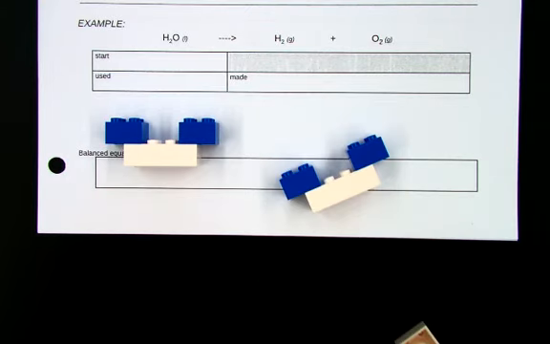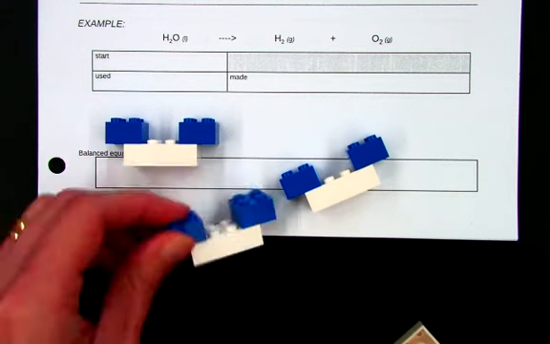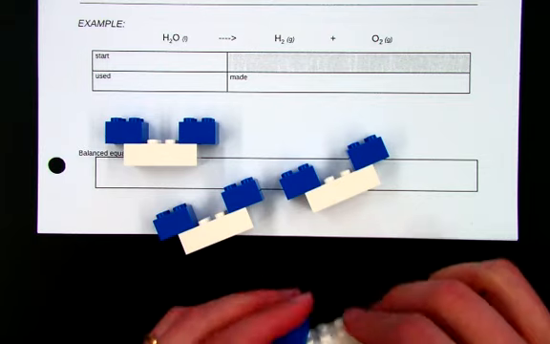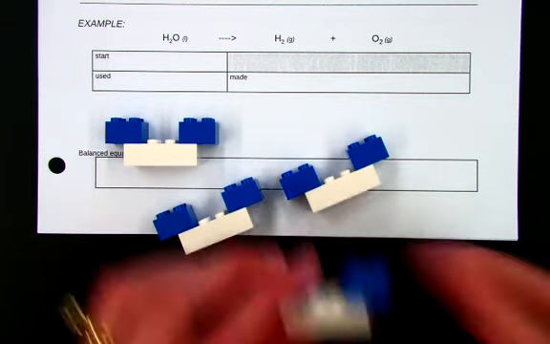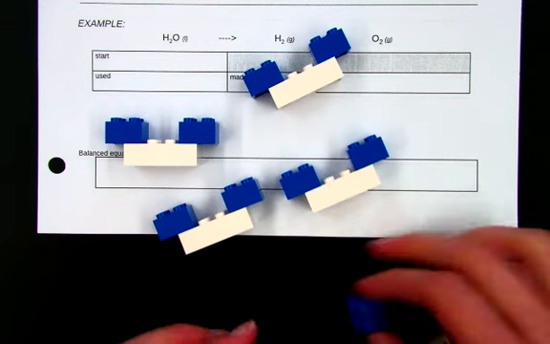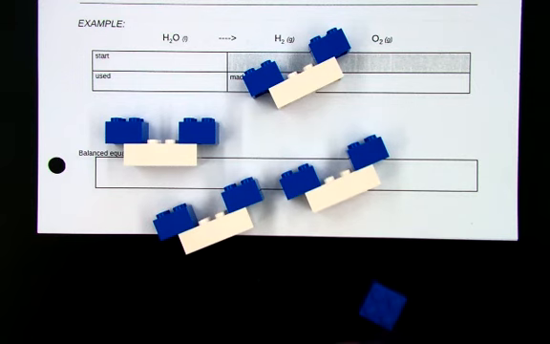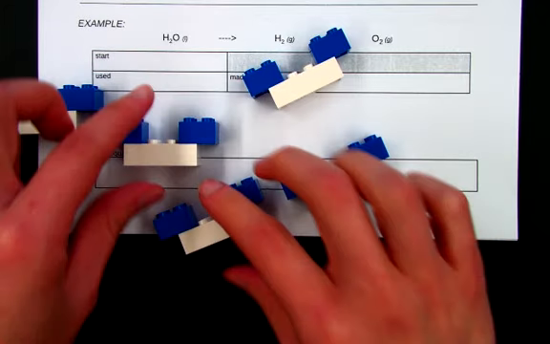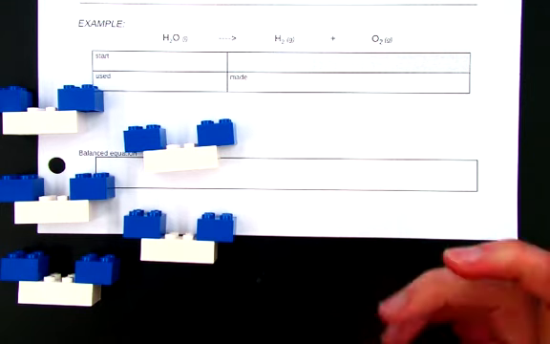Here's 2, here's 3, whoops, here's 4, and 5. Okay. Once you have your 5 reactants, I'm going to put them over here on this side because they belong on the left side.